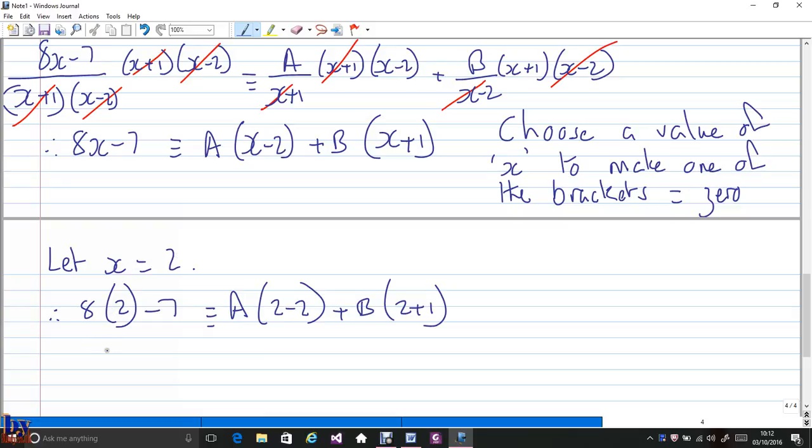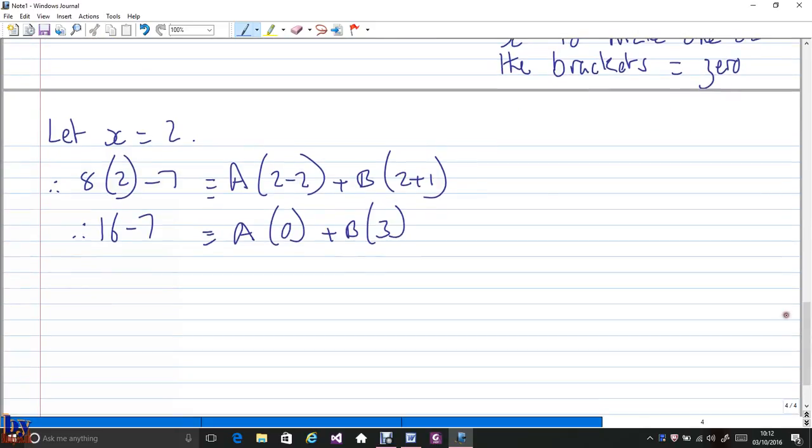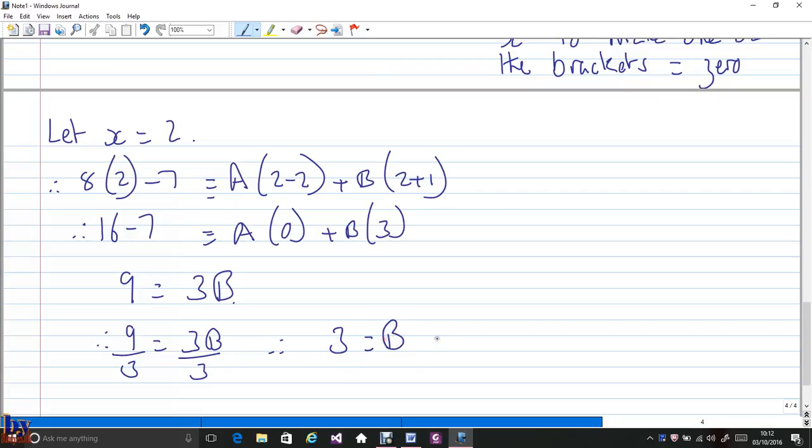Well, this is 16 minus 7, so 16 minus 7 equates to A times nothing plus B times 3. You can see then that the A will disappear. So here we've got 9 equals 3B, and therefore 9 divided by 3 equals 3B divided by 3, and therefore 3 equals B, or rather B equals 3.